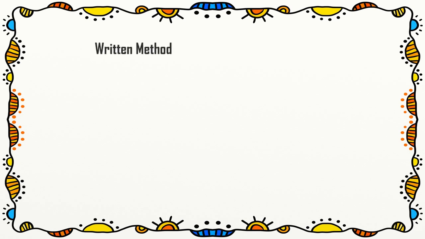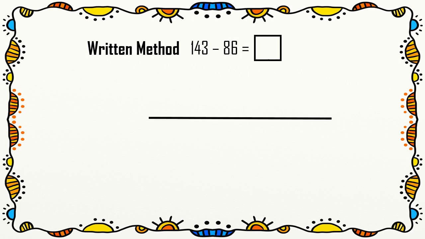Now, let's try the written method. 143 minus 86 is equal to what number? Let's find out.